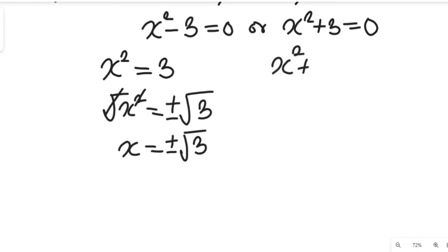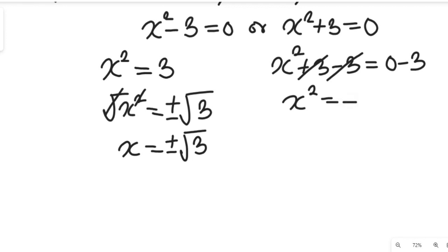Now if we go to the right hand side, if we subtract 3 from both sides, we are going to have plus 3 minus 3, and that will be equal to 0 minus 3. Definitely this will clear this, and then we'll have our x squared to be equal to negative 3. Since our x squared is equal to negative 3, let's take the square root of both sides.